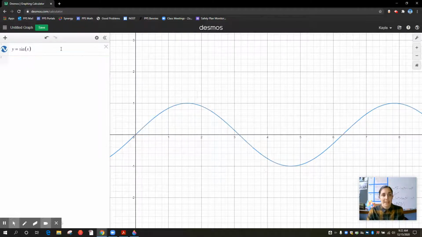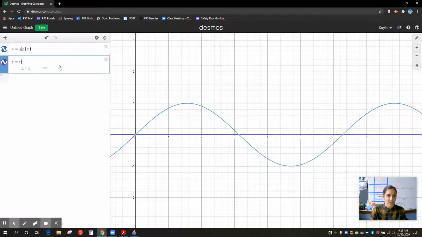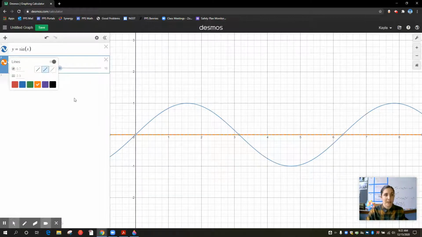So like I hinted at before, of course, we can shift and transform the graph of sine using the same transformations we've done before. I want you to notice that for this sine graph, it has a midline. Now, aptly named, the midline is in the middle of the graph.